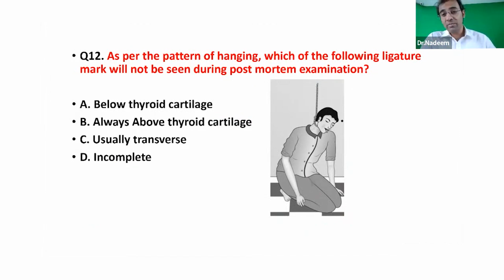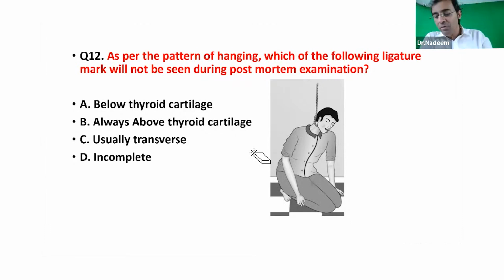seen during post-mortem examination? First of all, you see this one. Is this complete hanging or incomplete hanging? Incomplete hanging. When a body is completely hanged in air, and none of the parts of the body touch the ground or anything, that is complete hanging: 100% in air, body suspended completely.